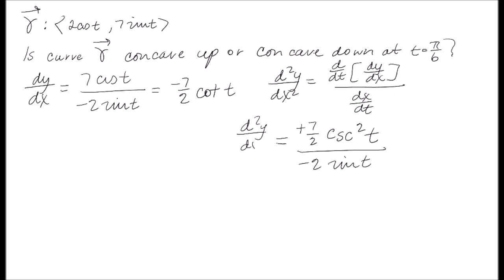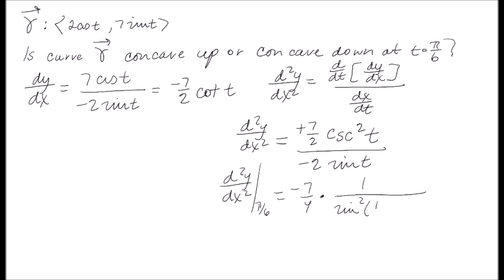And now cosecant squared, I'm not very good at evaluating that. So what I'm going to do instead is rewrite this as negative 7/4 times 1 over sine squared pi over 6 times, well, really sine cubed, right?